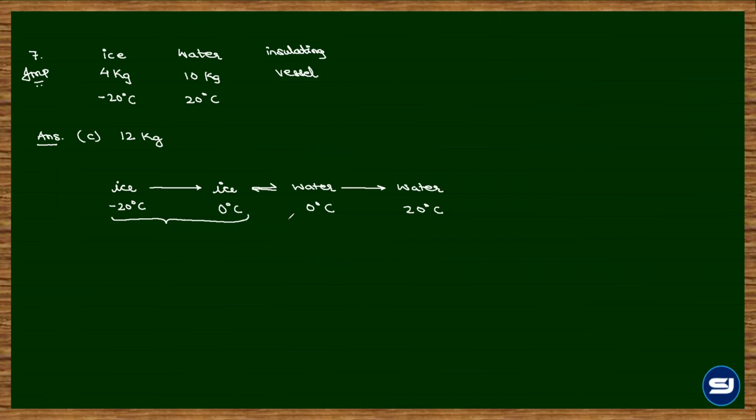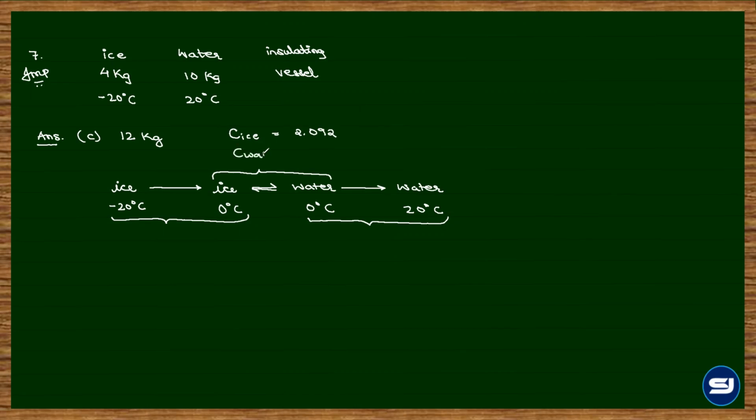For this, what will you apply? MC delta T. For this conversion, latent heat of fusion, and for this MC delta T. अब just also observe the specific heat of ice is given in what unit? 2.092. पहले water दिया है.